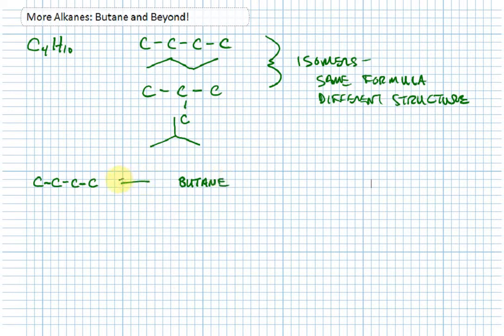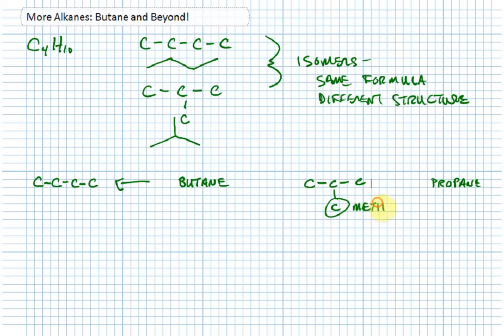On the other hand, the name of this compound, the isomer, we look at this one, again, we look for the longest chain. The longest chain is 3, no matter how we count. So its root name is propane. Pro means 3. It has a 1 carbon group attached. We call that a methyl group.